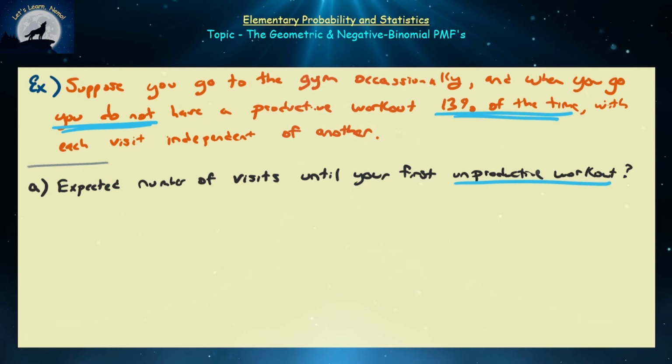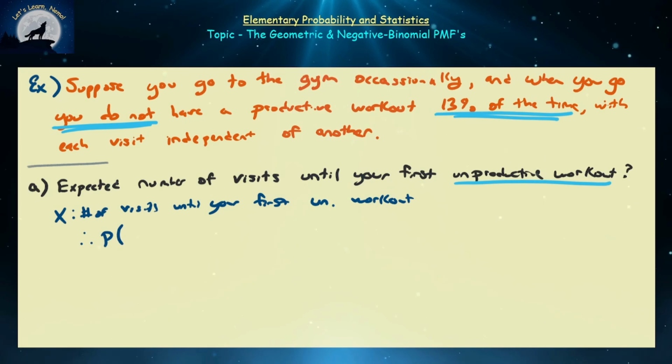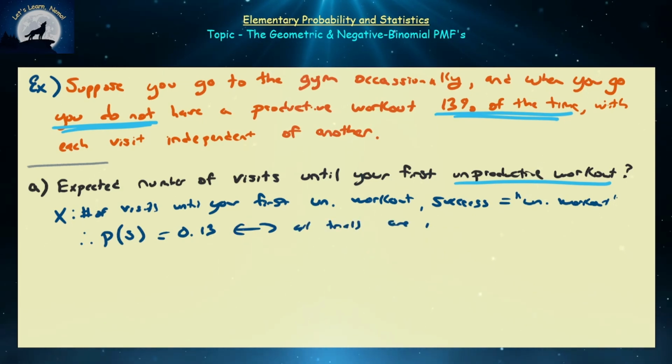Notice that these items match each other in context. So I'm going to let x be the number of visits until your first unproductive workout. Therefore, the probability of success, where success is an unproductive workout, is 13%. Also, all trials are independent, because that's what it says here.